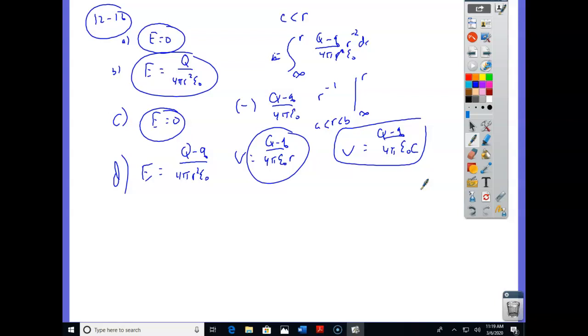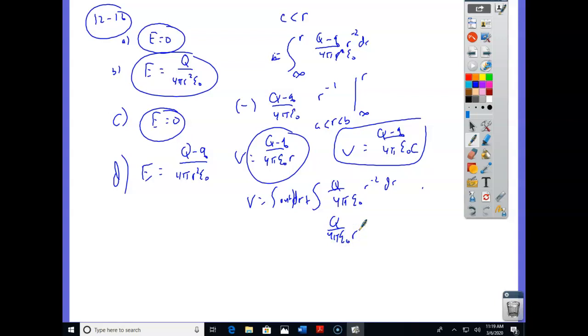So the voltage is going to be equal to the voltage to the outside, I'm ignoring doing the voltage on the inside, right? So this is going to be the integral of Q over 4 pi E naught R to the negative 2 dr, using that electric field we found earlier. So that's going to be Q over 4 pi E naught R.